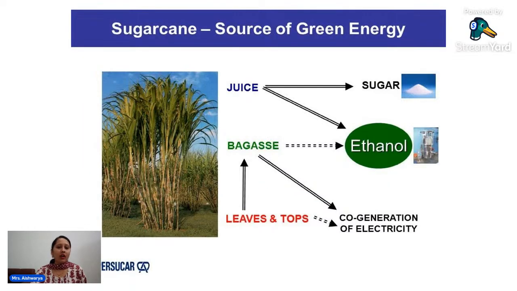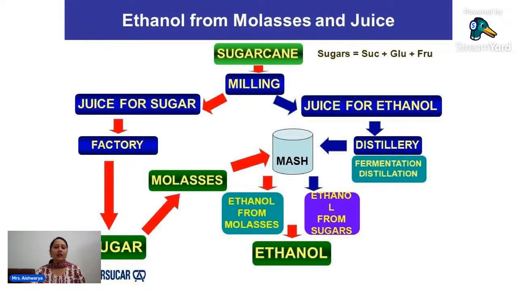Next is the ethanol from the molasses and juices. As the sugarcane is milled, on the right hand side, the juice for the ethanol is produced, then it goes to the fermentation and distillation unit, and the end product is our ethanol.